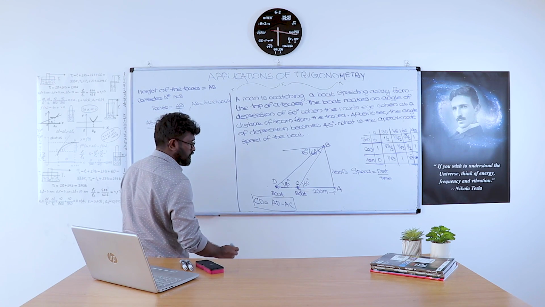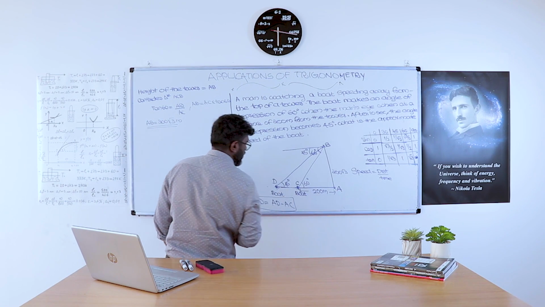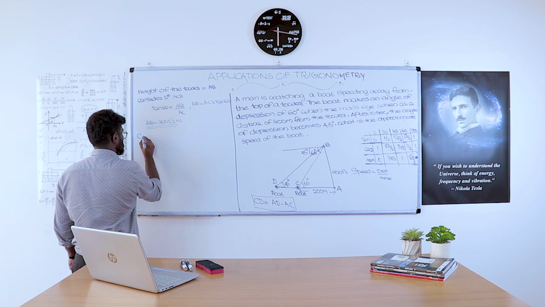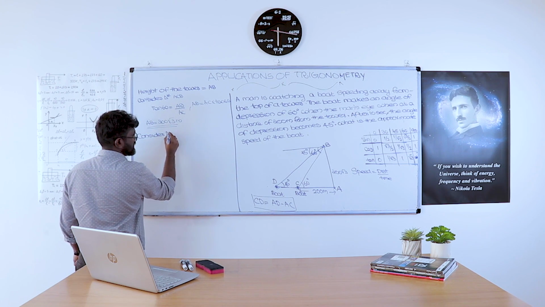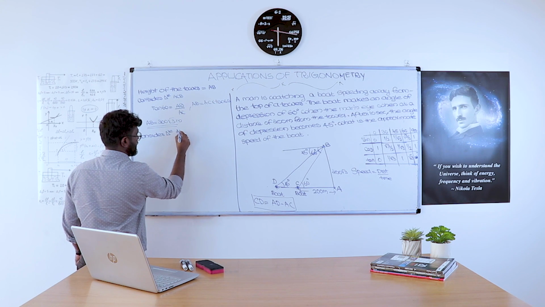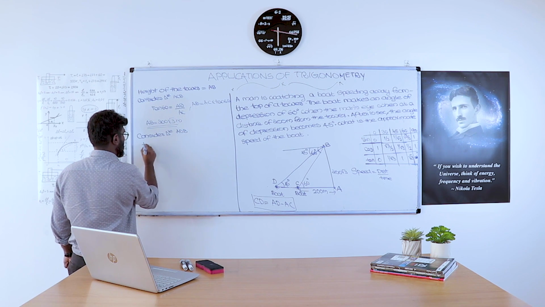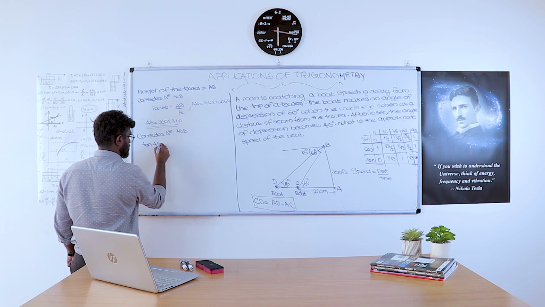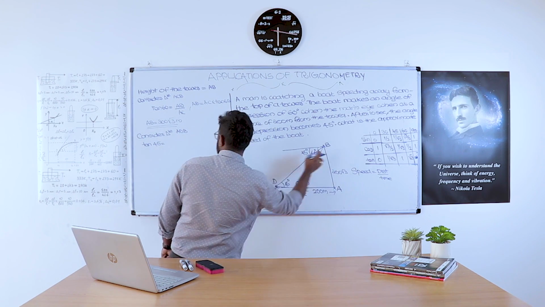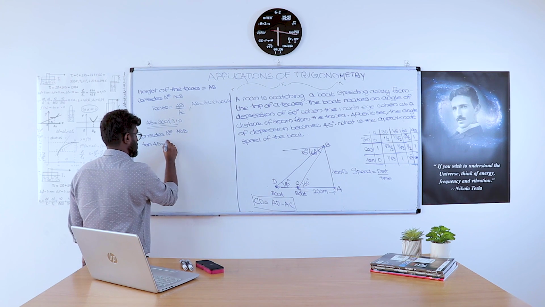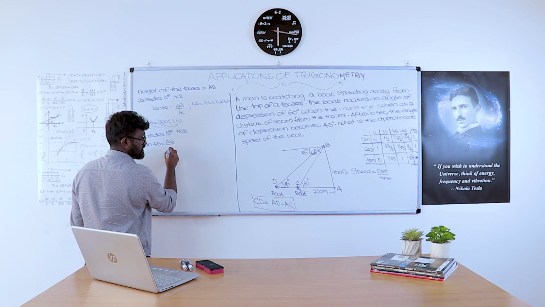Then you want to find out this distance, AD. How will you find AD? Consider right angled triangle ADB. From that, tan 45 equal opposite side by adjacent side. Tan 45 equal AB by AD.